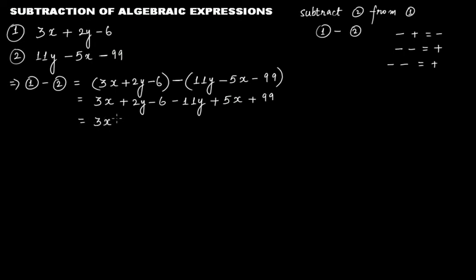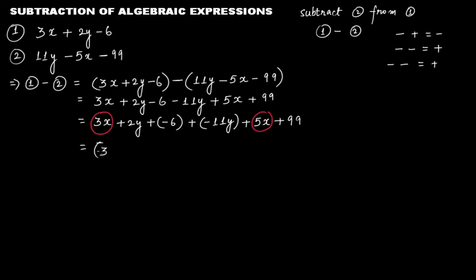This becomes 3x plus 2y and plus, put the minus sign within the bracket, plus minus 11y. It's always good to put the minus within a bracket so that you don't ignore the minus sign when we talk about terms. Plus 5x and plus 99. Now, if we look at the term 3x and the term 5x, these two are like terms, so add them.